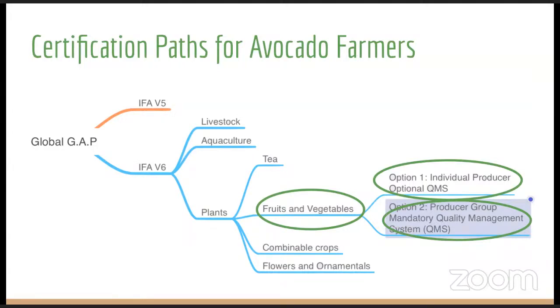And the number of things that have come in version 6, including things like biodiversity that they'll want to see compliant farmers aligned to. But essentially, when you go into Global Gap, so for us in Zambia, we're just getting started. It makes sense to say, for the most part, ignore version 5.